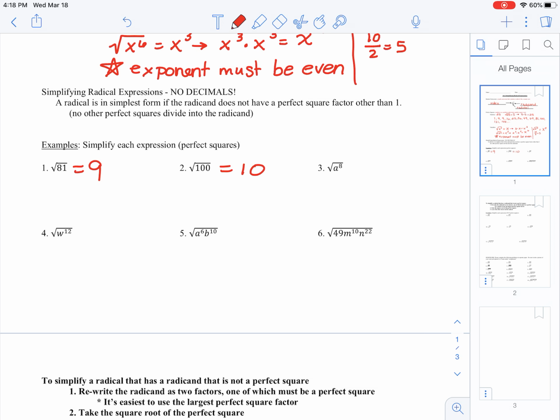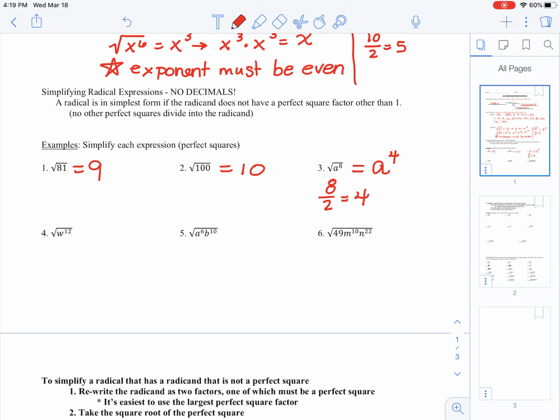In question number 3, when we look at the square root of a to the 8th power, remember variables are perfect squares as long as they have even exponents, which we have here. And to find the square root, we take that exponent, divide it by 2. So here, 8 divided by 2 is 4. And that means that the square root of a to the 8th power is a to the 4th power.